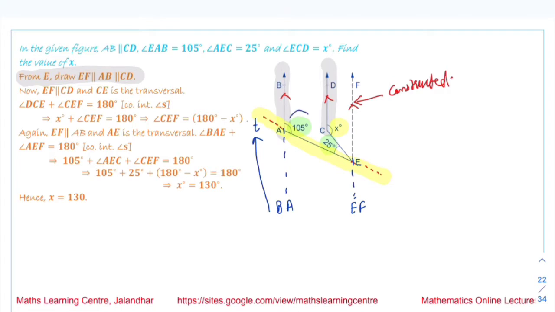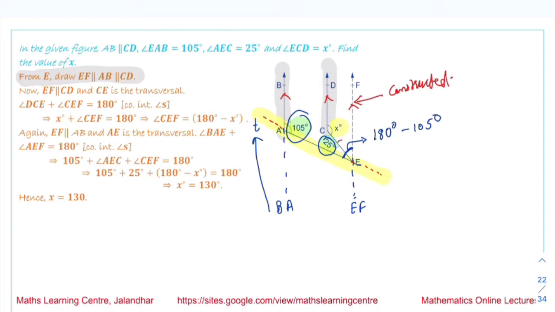So if this angle is 105 degrees, then corresponding to it, this whole angle will be equal to 180 degree minus 105 degrees. Now this part of the angle is given to be 25 degrees.